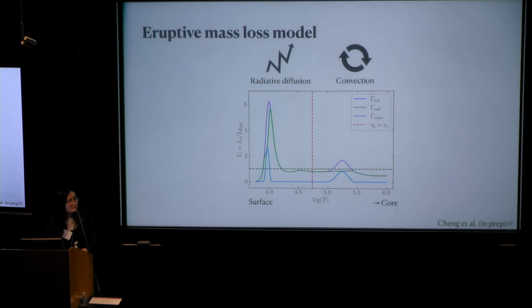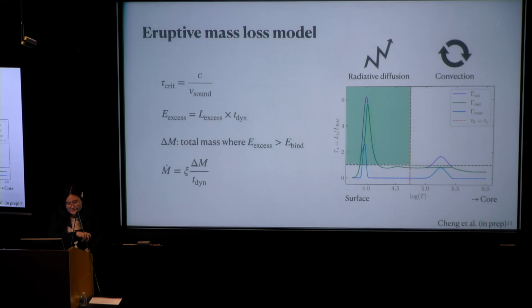So anything above the black line is locally super-Eddington, and anything left of the red line can be transported by radiative diffusion. So if we want mass loss, we're looking at this region, right? It has to have more luminosity than the Eddington luminosity, and the energy has to be carried by radiative diffusion.